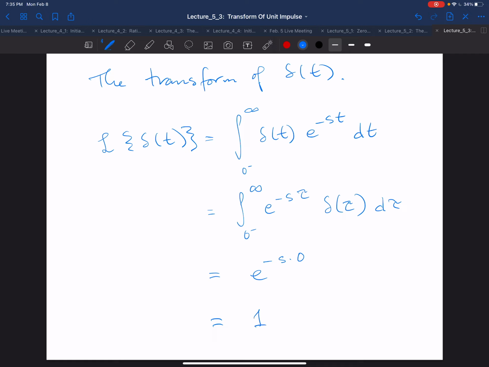So the integral is simply equal to 1. In other words, the Laplace transform of the unit impulse is 1.